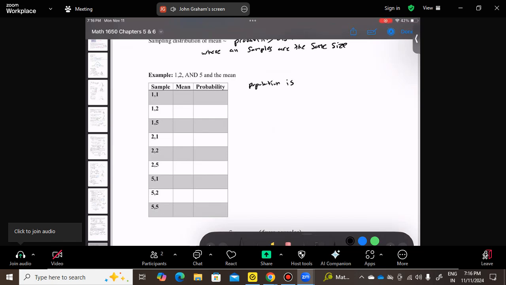Now I know this isn't a large population, but it's small enough that we can actually get every possible sample, which is why we're going to do it. And we want the average. So the population mean is going to be 1 plus 2 plus 5 over 3, which will be 8 over 3, which is going to be 2.67 basically.